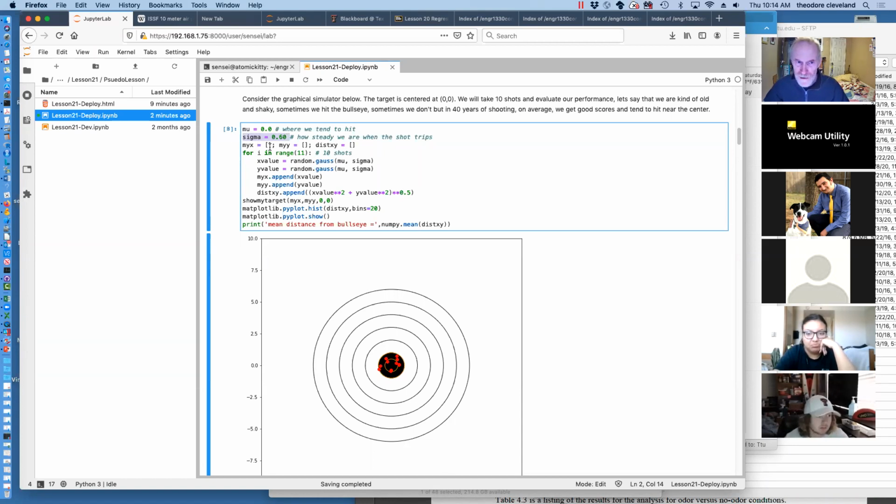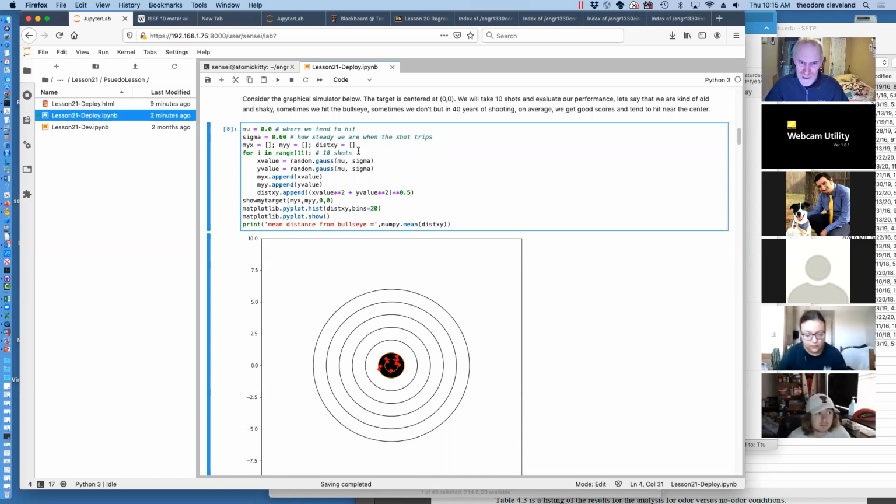But we're just going to glom all that into this one thing called sigma. And so mu and sigma conceptually have the same meaning in shooting that they do in statistics. They represent the measure of central tendency and how wobbly we are about that measure.